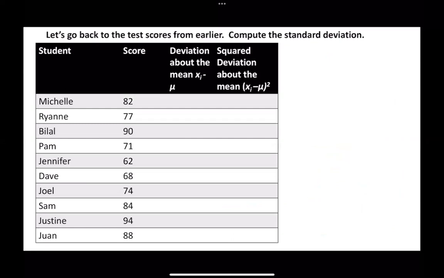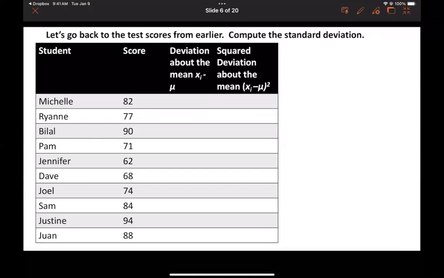A deviation, I want to explain this because there's a lot of people that change the terminology when you're answering questions. If you're talking about deviation without the word standard, the deviation refers to the distance one value is from the mean. For example, if you all remember that our mean for our test scores was 79.